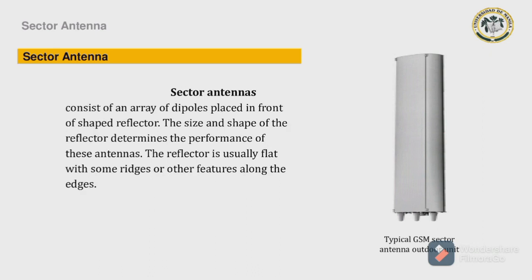Sector antennas consist of an array of dipoles placed in front of a shaped reflector. The size and the shape of the reflector determine the performance of these antennas. The reflector is usually flat with some ridges or other features along the edges.